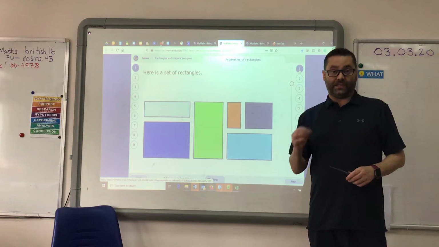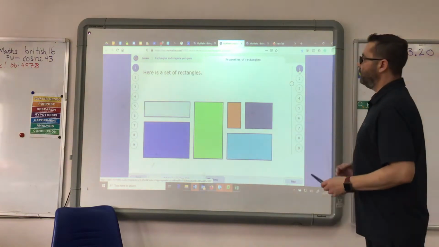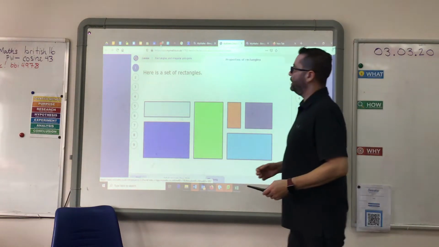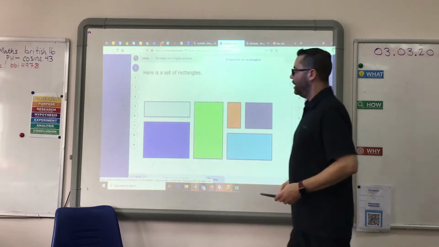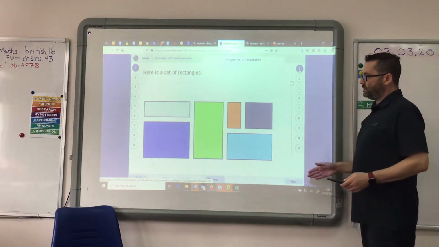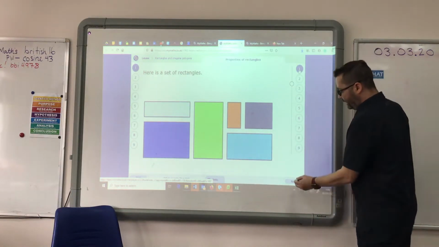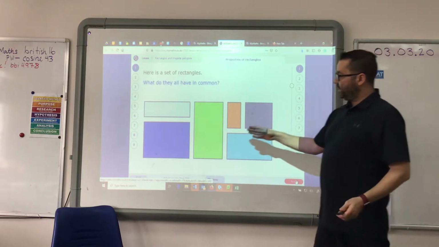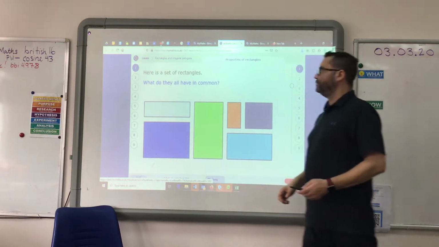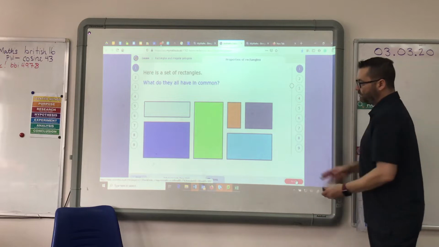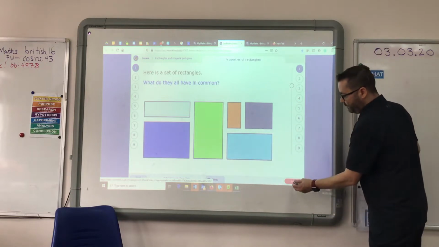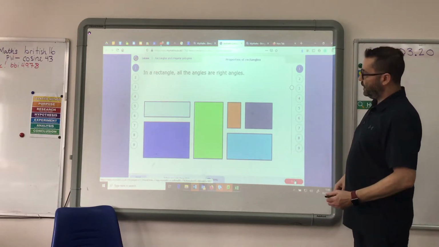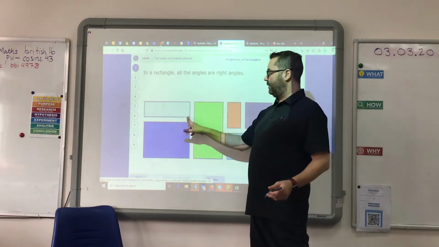So today's lesson is on rectangles, like I said, and irregular polygons. You're going to go through this homework, and you're going to take a look at what these rectangles have in common, okay? All rectangles of different shapes and sizes have similar things in common. We know that rectangles have right angles, 90 degrees in their corners.